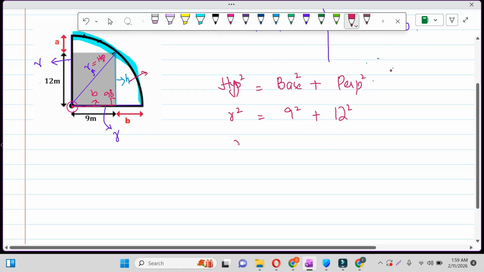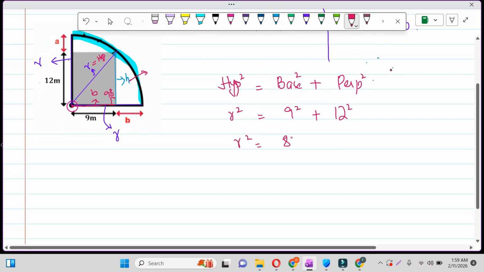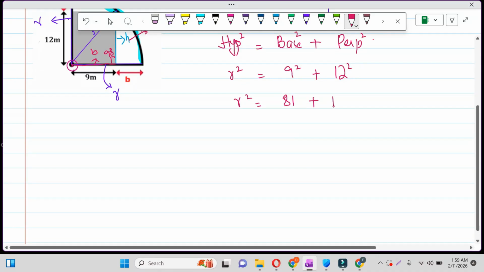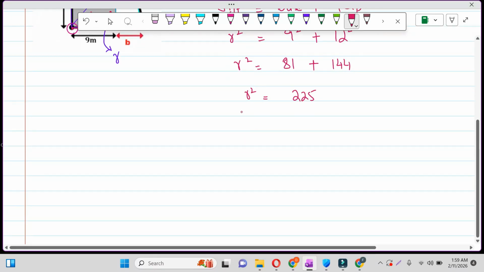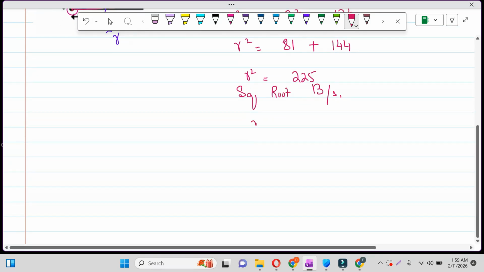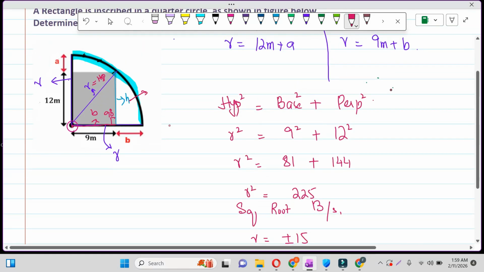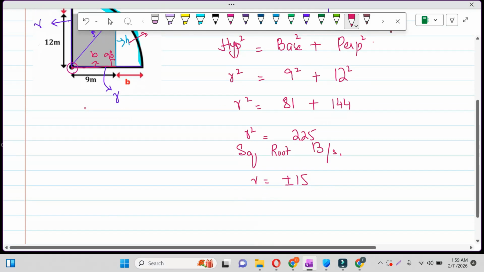So on solving, we will have R square equal to 81 plus 144. So R square is equal to 225, and taking the square root on both sides, we will have R equal to plus or minus 15. And we know that the radius is a distance and it should be positive.